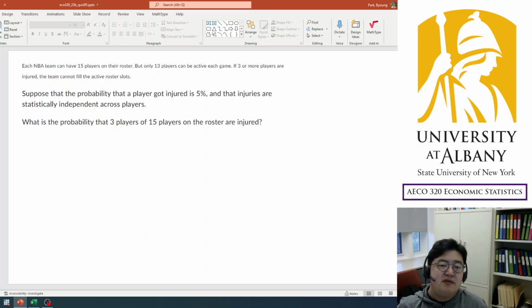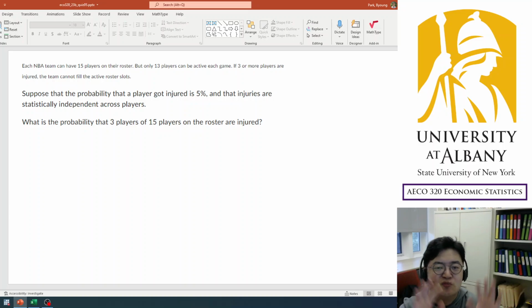Okay. Next question. Each NBA team can have 15 players on their roster. I like watching the NBA, but actually the rule changed recently. A team can have up to 18 players because there are 3 additional so-called two-way players, who have limited availability, like who cannot play more than 50-some games.